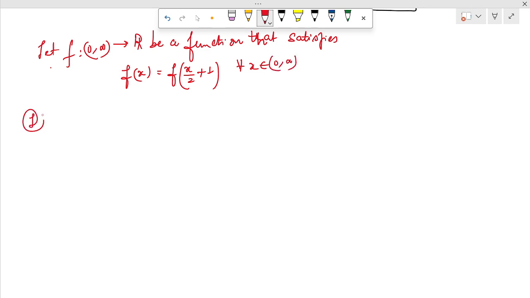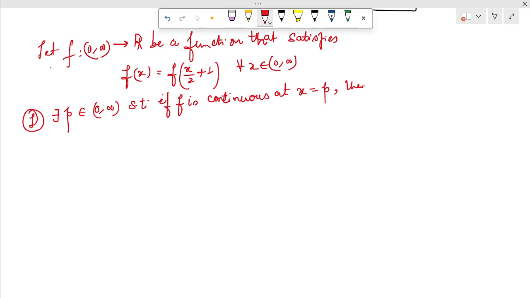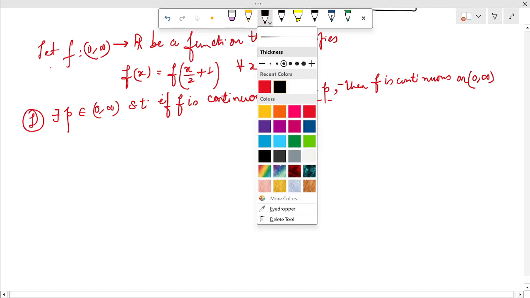The first part asks this: there exists a point p belonging to 0 comma infinity such that if f is continuous at x equal to p, then f is continuous on 0 comma infinity. So one asks that if f is continuous at a certain point p, then f is continuous on 0 comma infinity. And this is the functional equation.